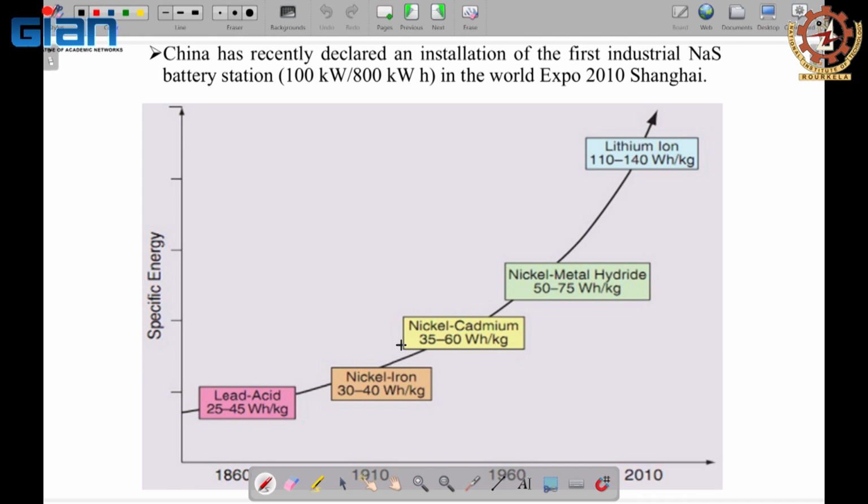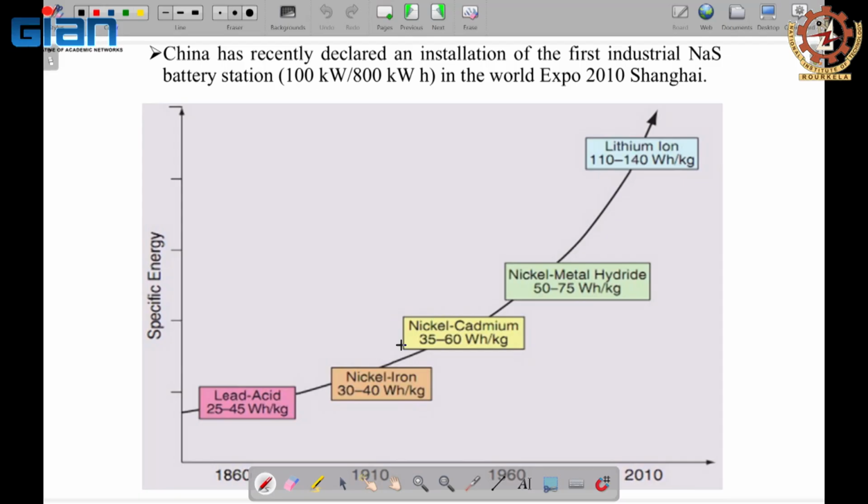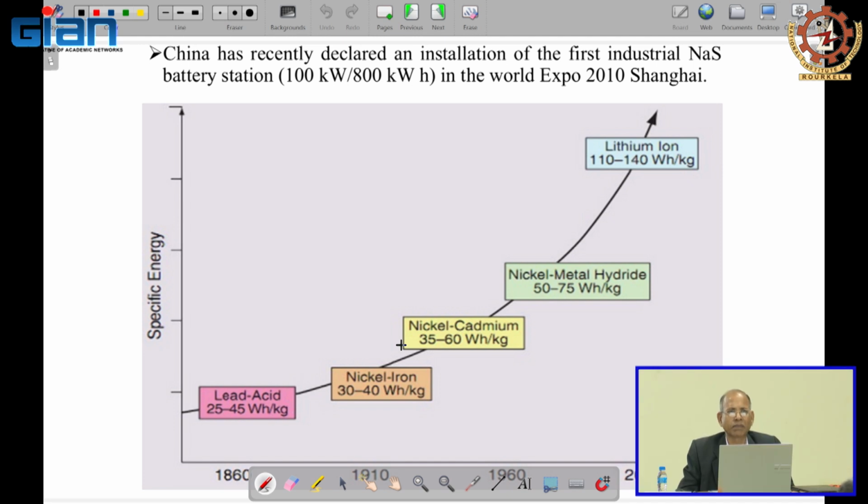The size of the battery is quite expanding, because now the battery has great applications, particularly in renewable power systems, electric vehicles, and even in conventional power systems.